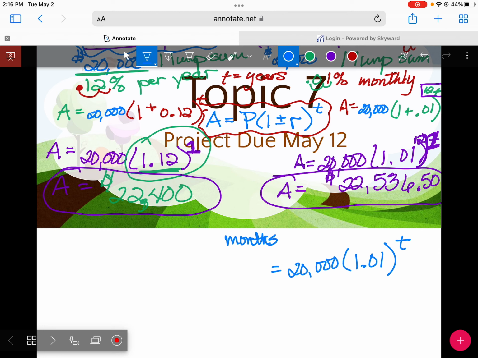If I looked at the yearly one, it still starts out $20,000 times 1.12. It still had the same rate, if this is year and it was a T and I want to make it into a monthly, what would I need to do? If T represented 1 year and I wanted to change it from yearly to monthly, how could I figure that out?